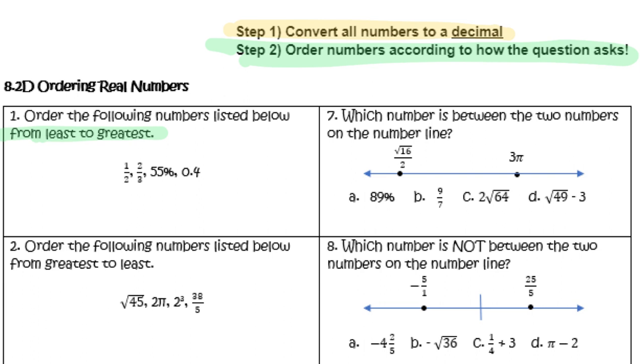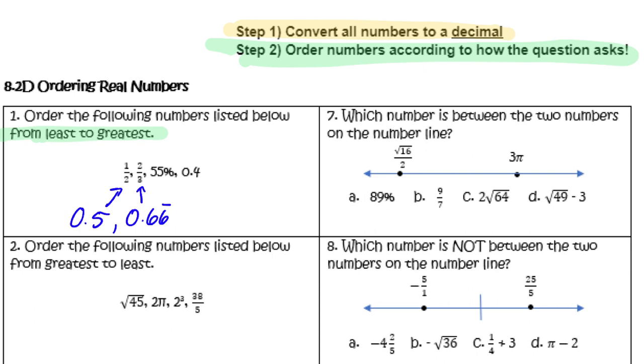So the first thing we want to do is look at the numbers we have. So we have 1/2. So 1/2 is going to be 0.5. 2/3, that is going to be 0.66 repeating.